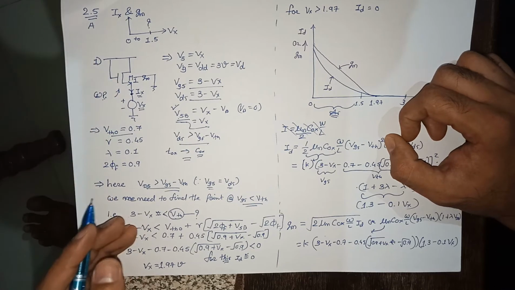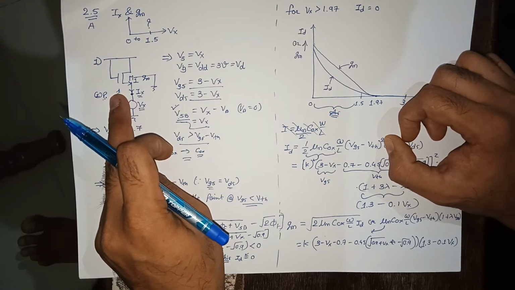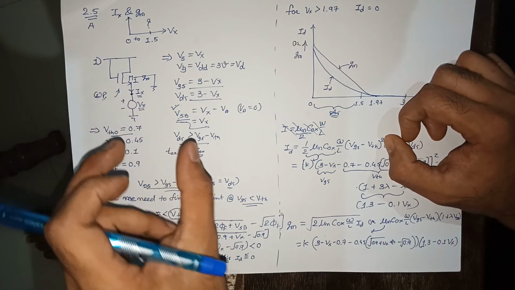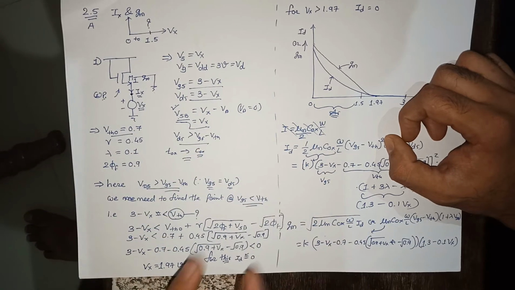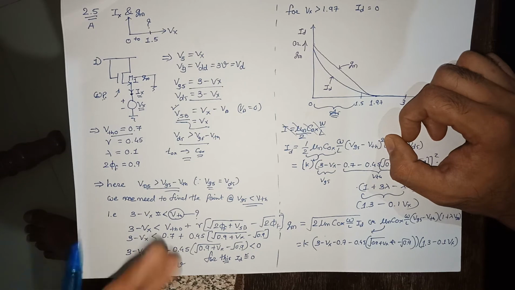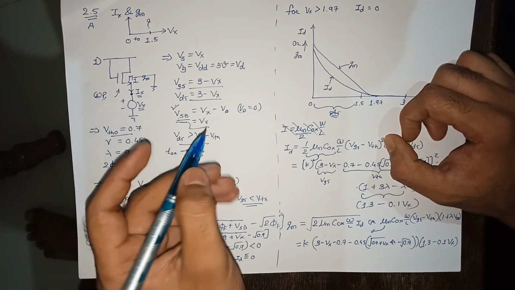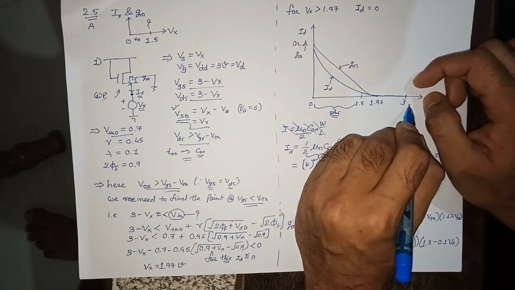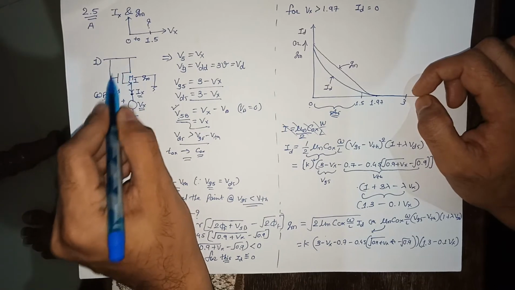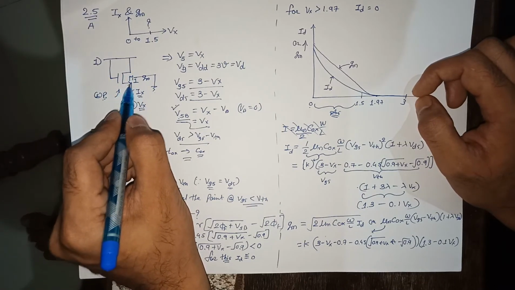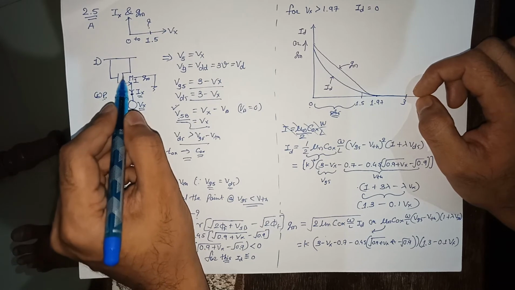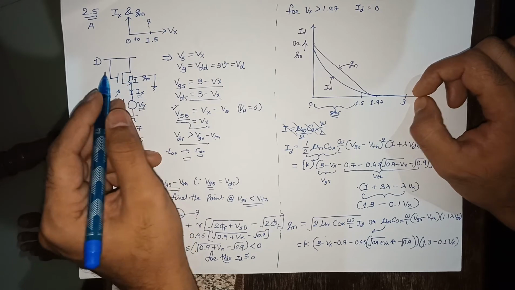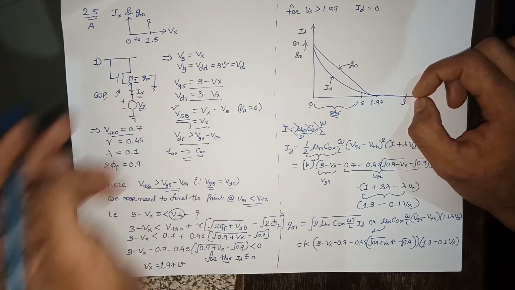We need to find that voltage. Up to that voltage, your ID will follow the saturation current equation. After that voltage, while moving from 0 to 3 volt, your MOSFET will not see any VGS greater than VTH, so it will be in the off condition. No current will flow from drain to source.